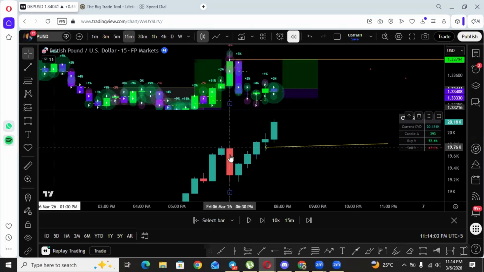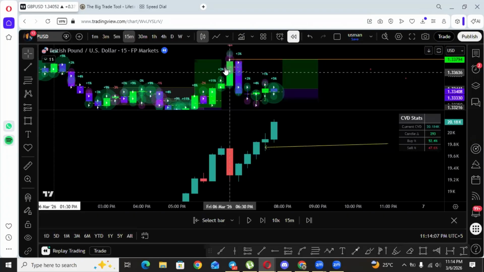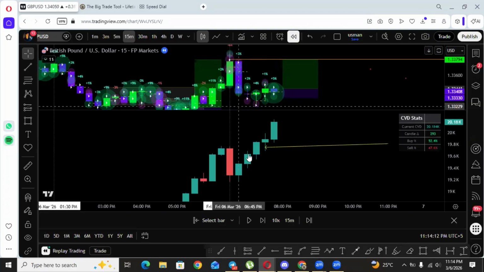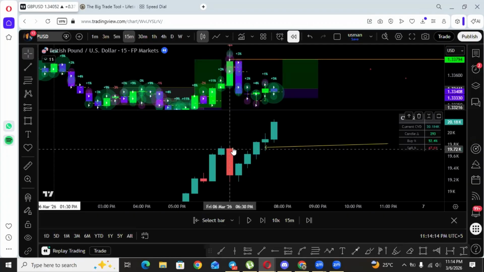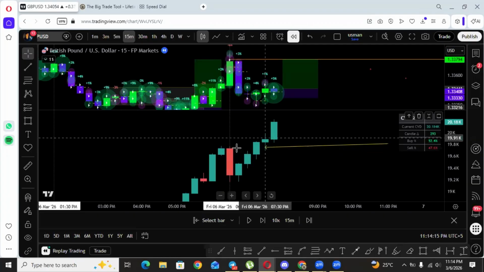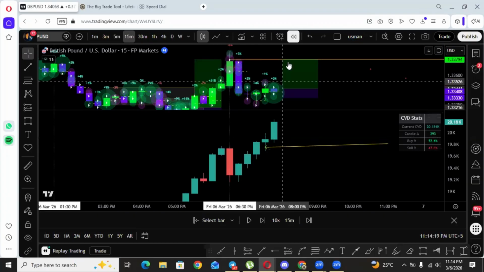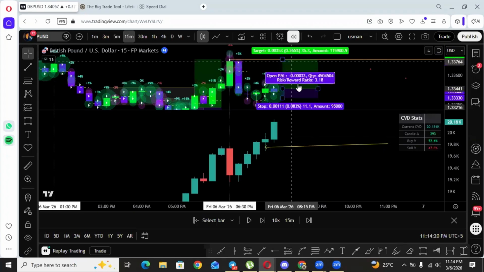If we see this candle in the retailer chart, it was this green candle. So they have crossed this high at this point. So we have enough fuel to cross this high. We are not putting the take profit based on any assumptions.